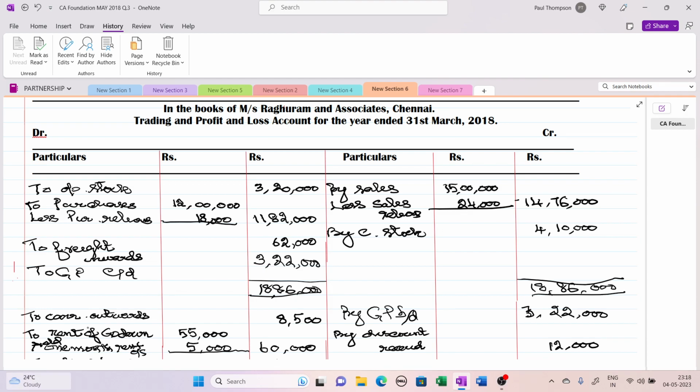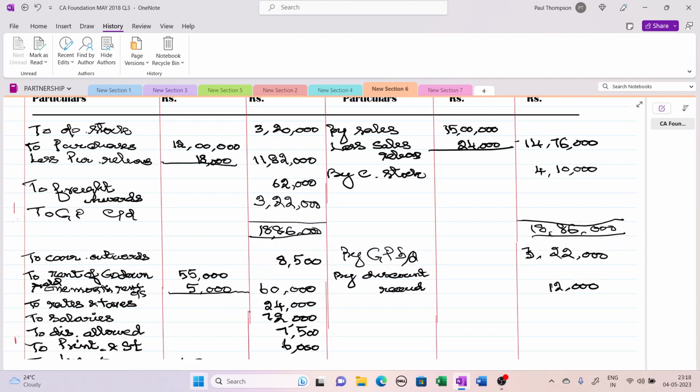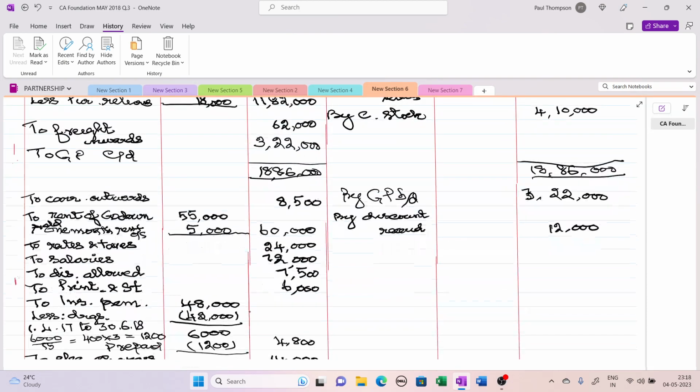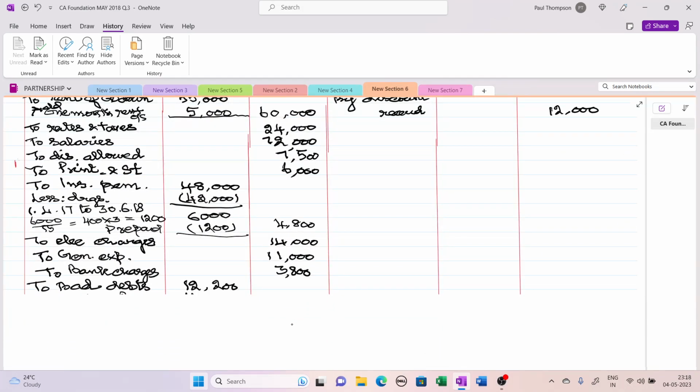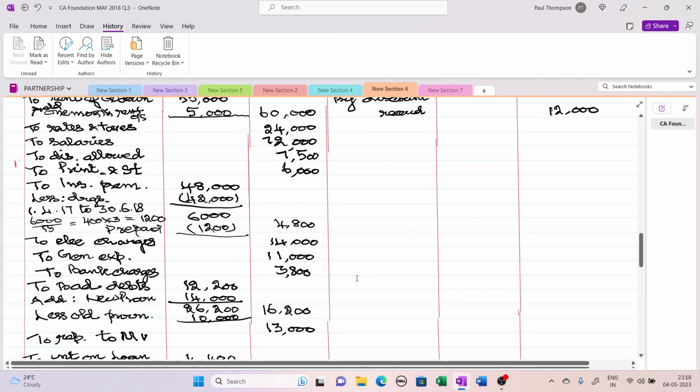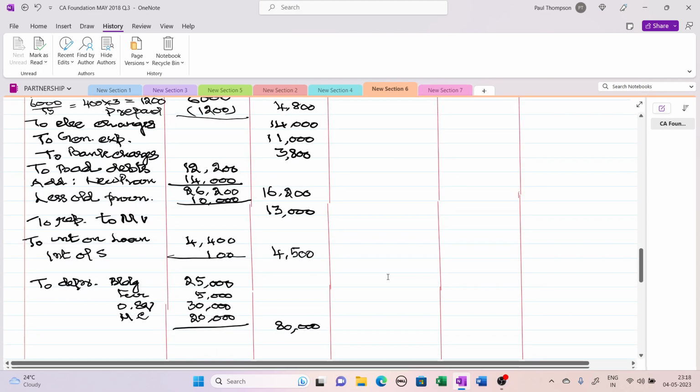So this side it is 8,500, 60,000, 24,000, 72,7,500, 6,000, 4,800, and then 14,000, 11,000, 3,800, and 16,200, 13,000, 4,500, and then the total depreciation comes to 80,000.